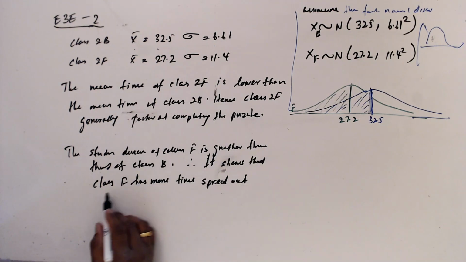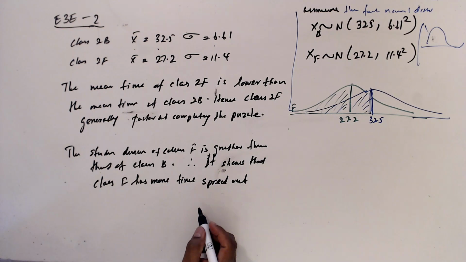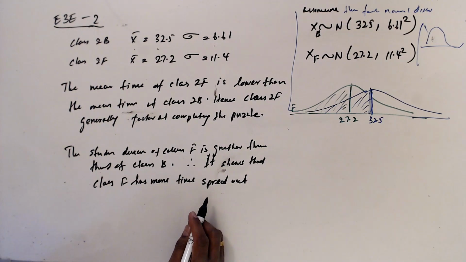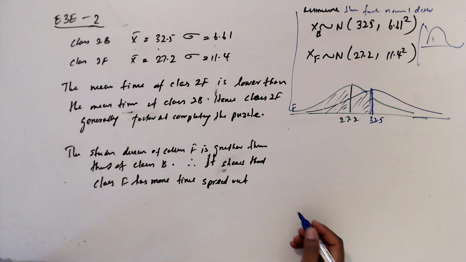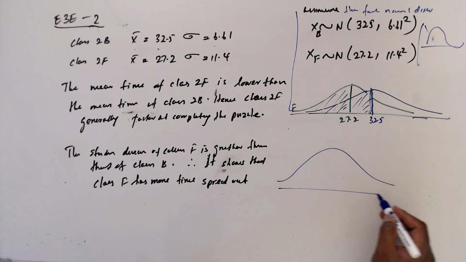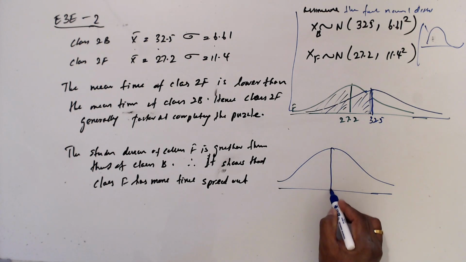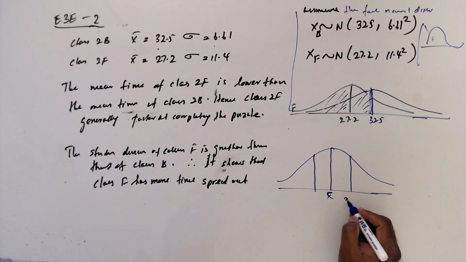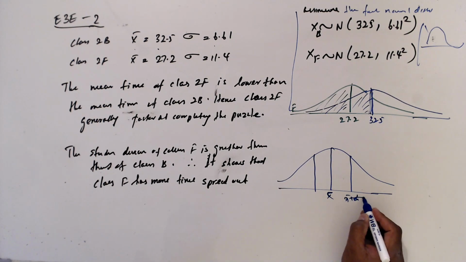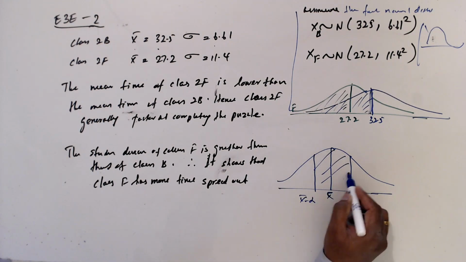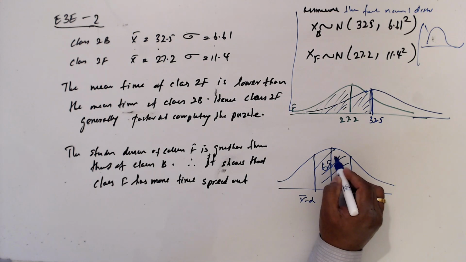Hence, it shows that class F has more time spread out. Let me draw this. Usually, the theory is if it is a normal distribution, if this is x bar, then x bar plus standard deviation and x bar minus standard deviation will cover 68% of data.